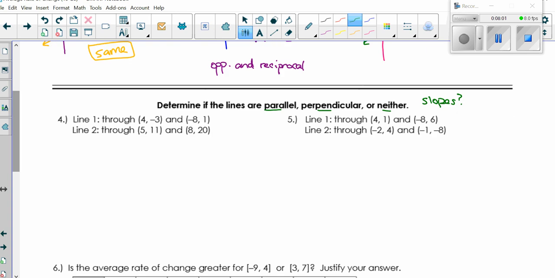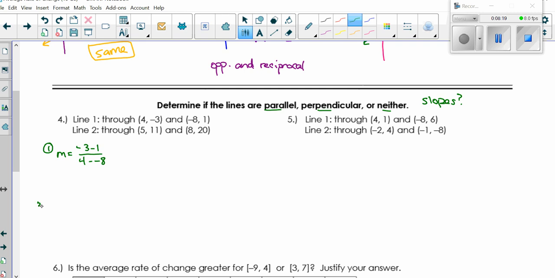Okay, so I have line 1 and line 2, which means I need to find two slopes. So slope for line 1, I'm going to say m equals, I need to subtract my y's, so -3 minus 1, and 4 minus -8.